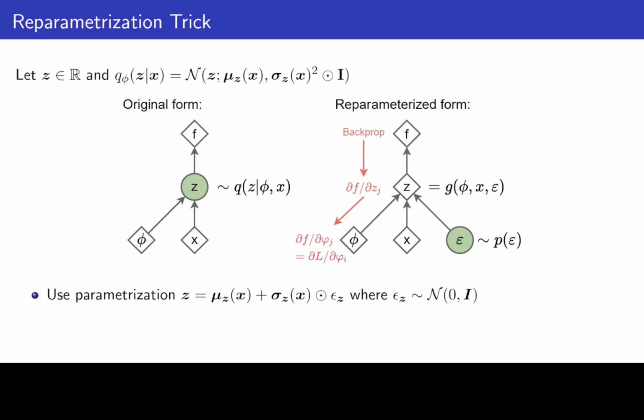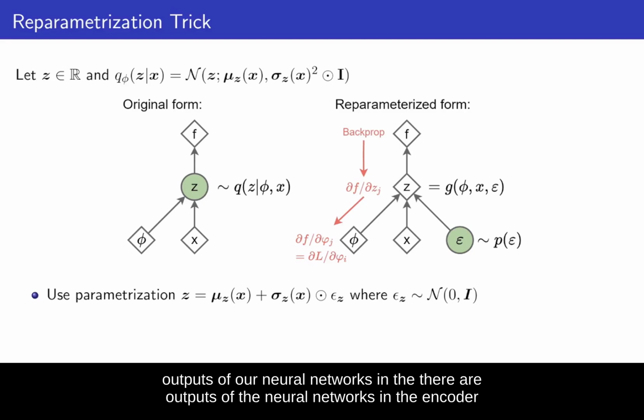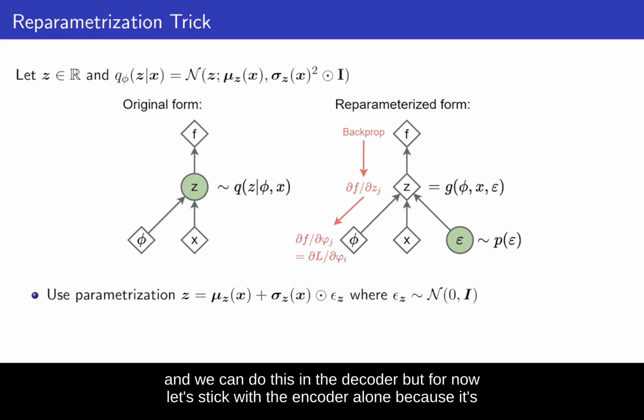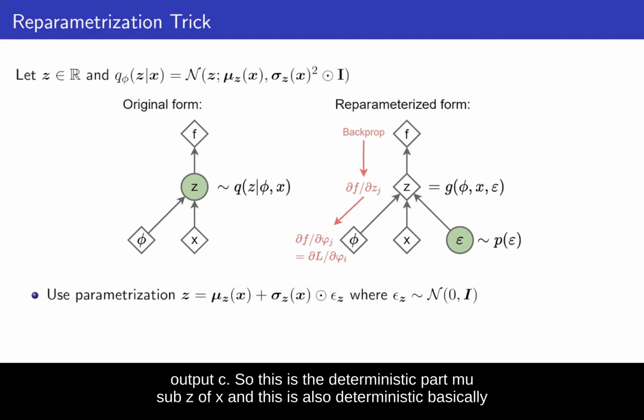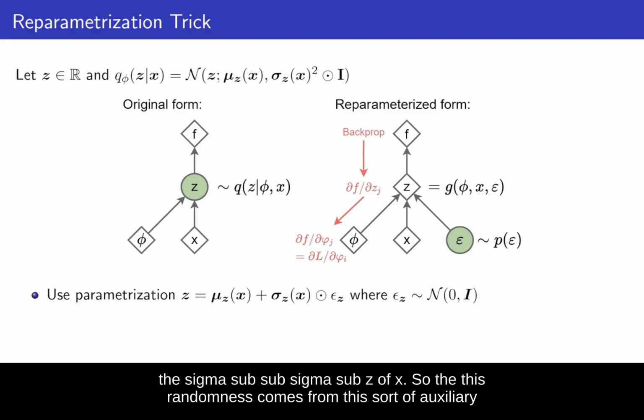These are outputs of our neural networks in the encoder. We can do this in the decoder too, but for now let's stick with the encoder alone, because it outputs Z. So this is the deterministic part, mu sub Z of x, and this is also deterministic, sigma sub Z of x.